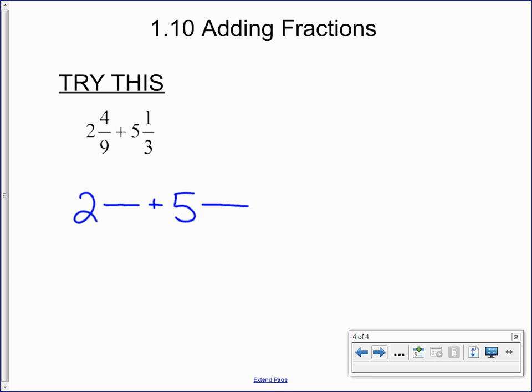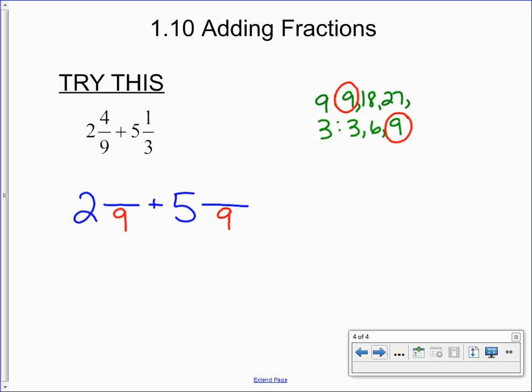Now, if you made a list of multiples of 9 and multiples of 3, for 9 I would have 9, 18, 27, and if you look at these numbers, you might notice that 3 goes into each of them. Okay, but if we list multiples of 3, we find that the lowest common denominator, the lowest number that they have in common, is 9. So our common denominator is going to be 9.